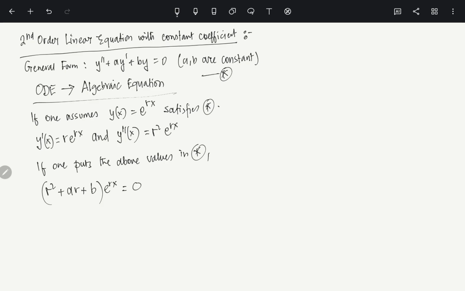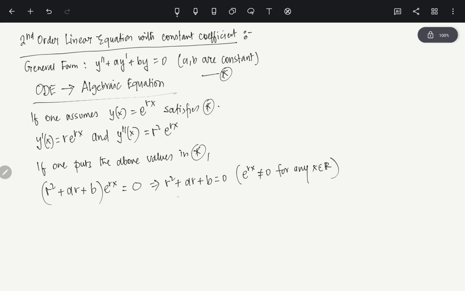And what does that imply? That implies r square plus a r plus b equals 0. Why? Because e power r x is never going to be 0 for any x in R. So that is fine there.